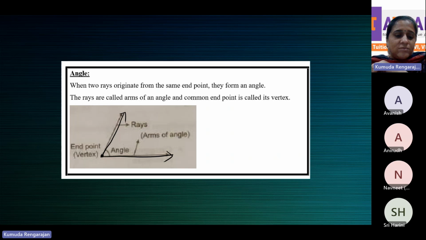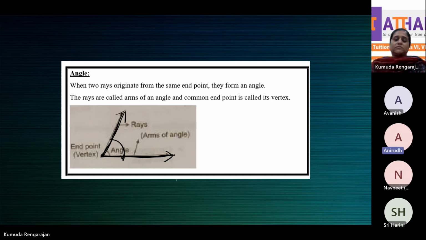Because they start from this point and they're going endlessly in the other direction. So both of them are rays. But now when this angle is formed, for this angle, this is one arm, this is the other arm. Okay, ma'am. For the angle, this is one arm, this is the other arm.